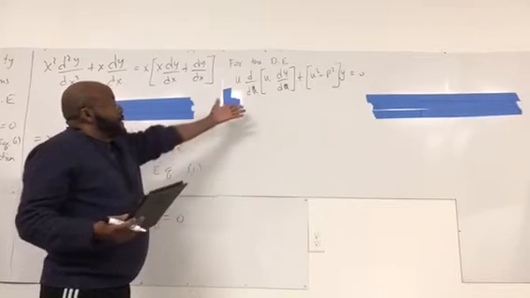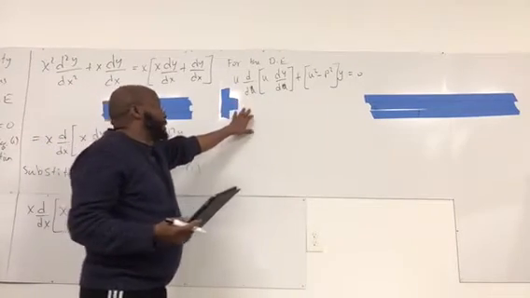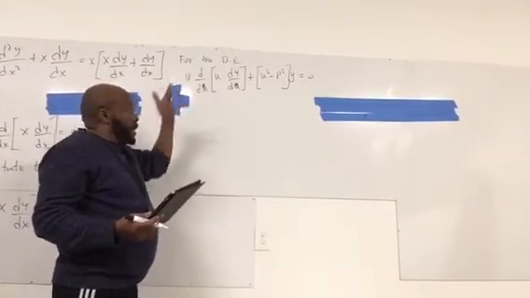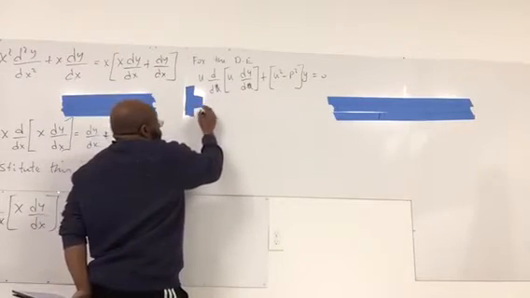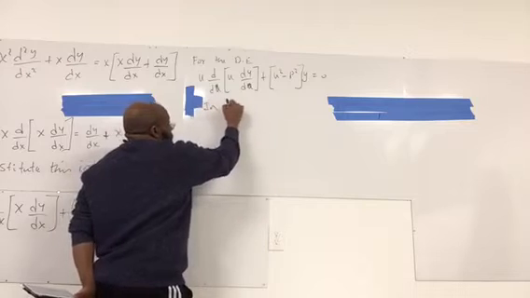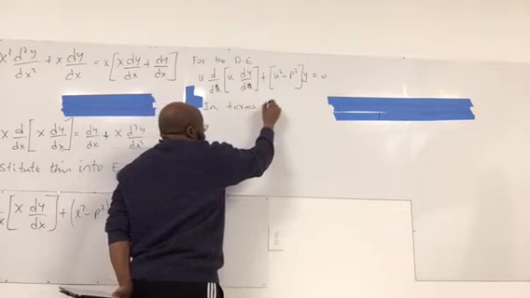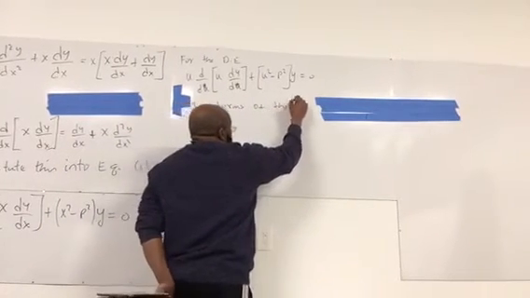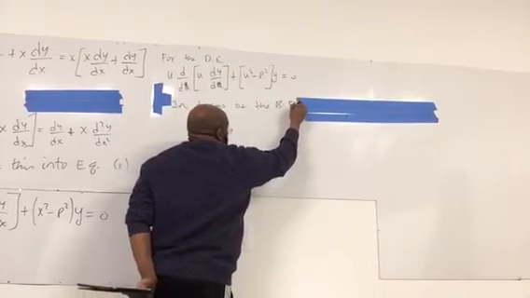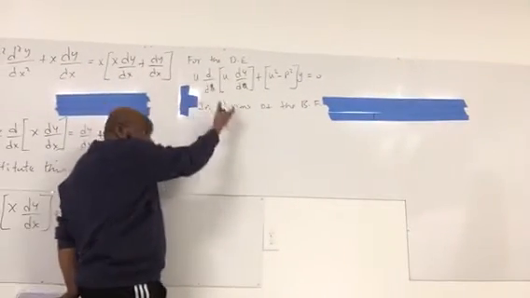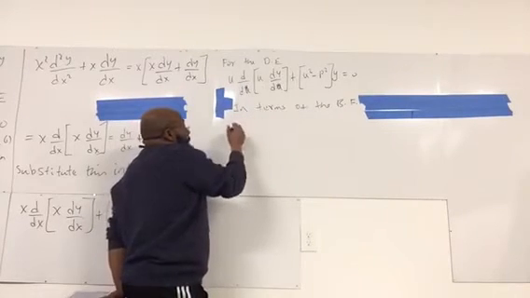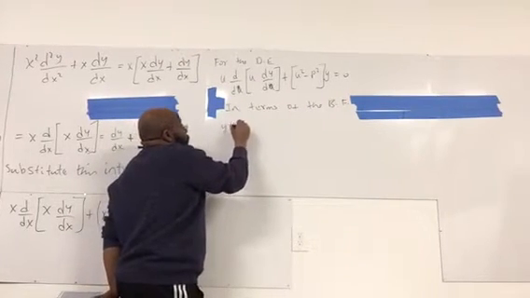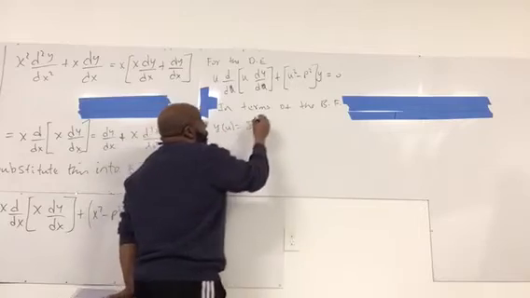So what's the solution of this differential equation? It's the Bessel function. What that means is that y of u is J_p of u.